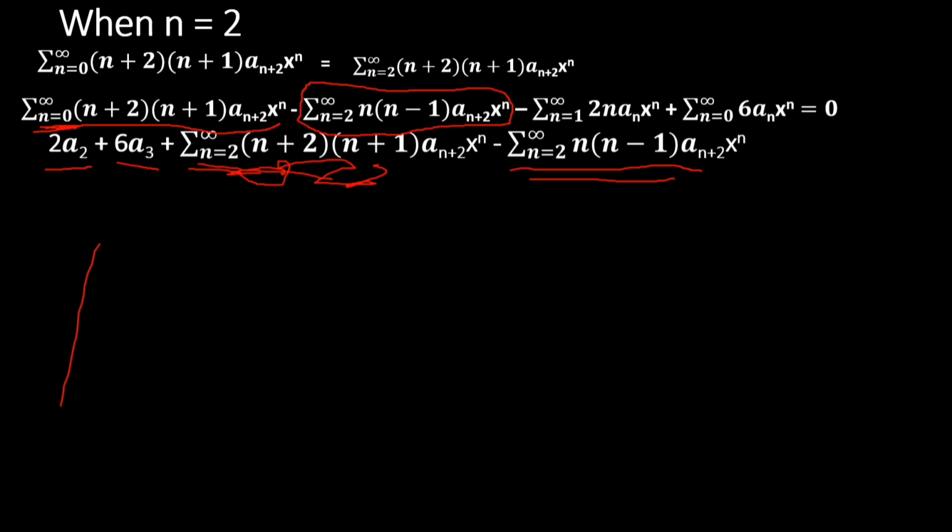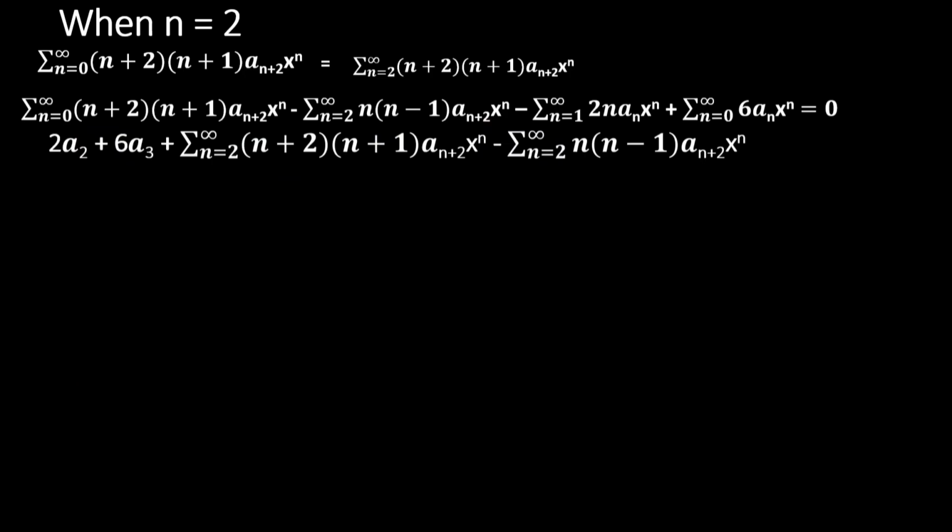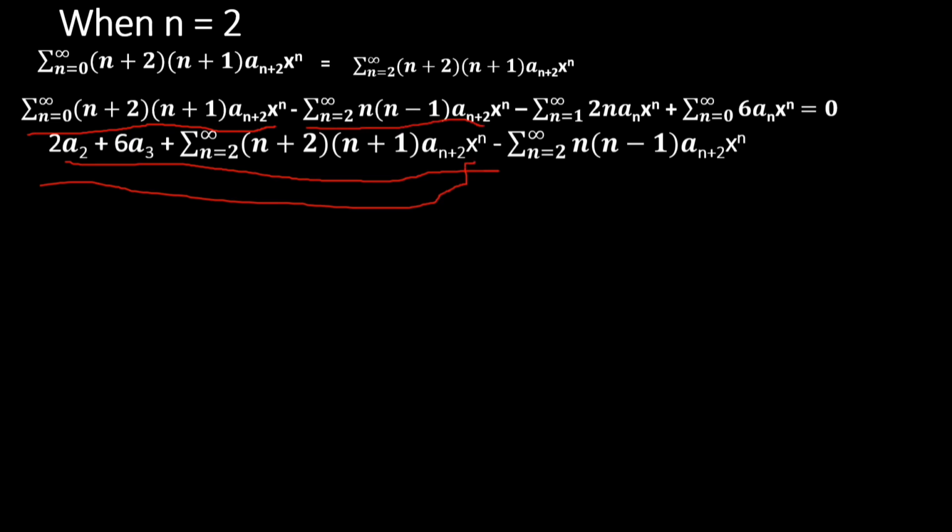So you can see here that what I've done for this part gives me from here to here what I got. Then this part I just join along immediately, because this part is automatically n equals 2.